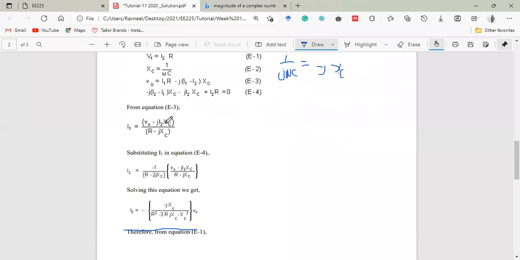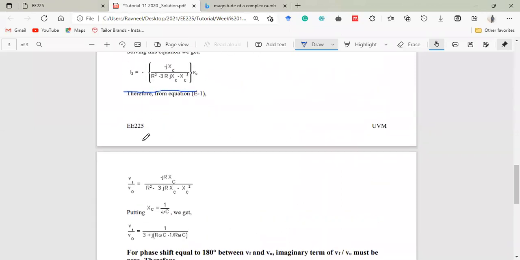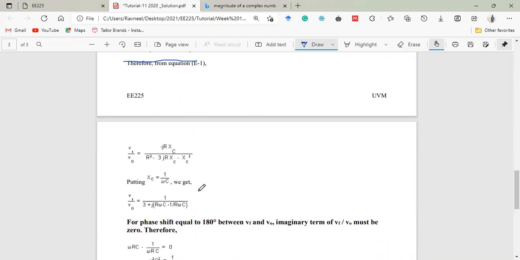And then we can make VF upon V0 the subject of the formula. If we do that, we basically get negative jRXc upon R squared minus 3jRXc minus Xc squared, right?